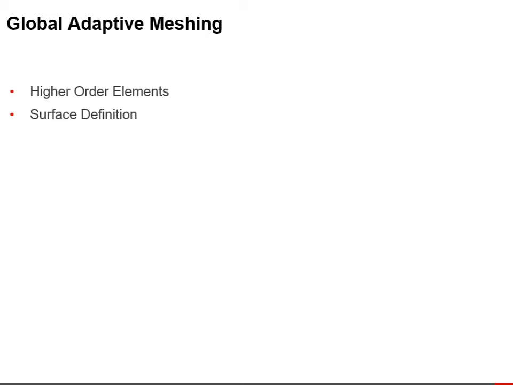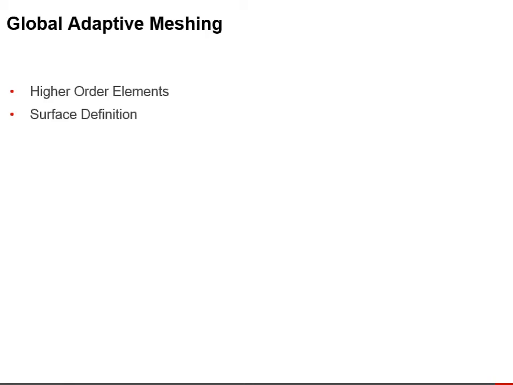This is only available for the 10-node tetrahedral elements in 3D. We didn't think that this was such a critical problem for two-dimensional or axisymmetric analysis.